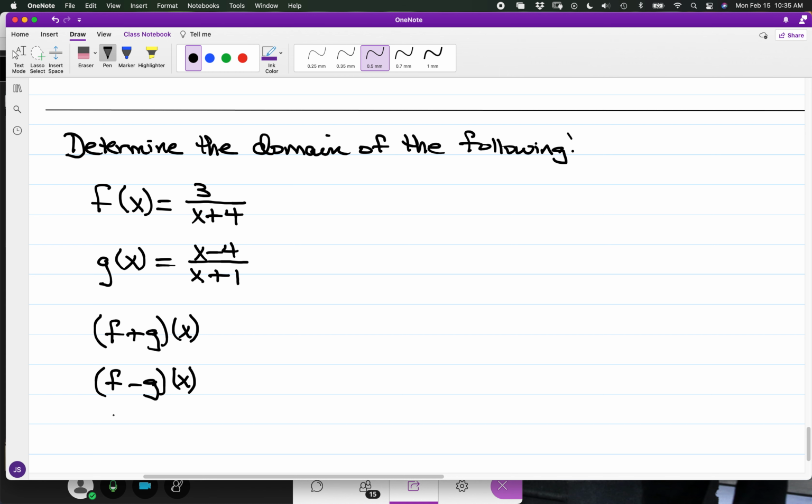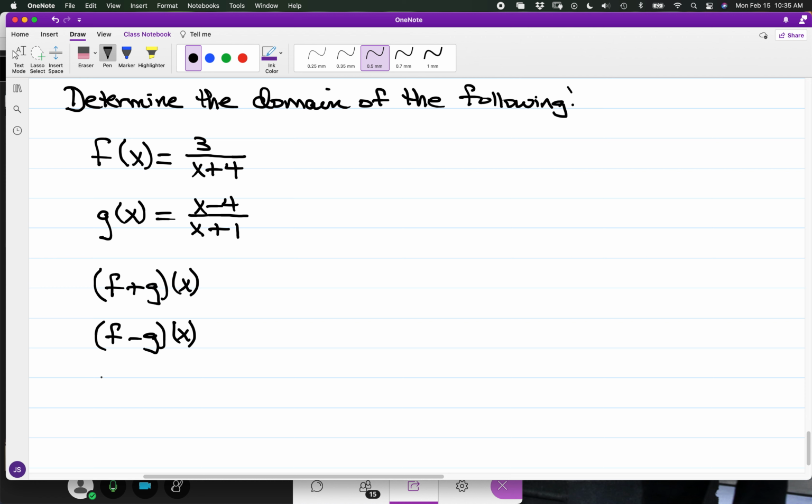And I'm looking for the domain for the sum, difference, product, and quotient functions.